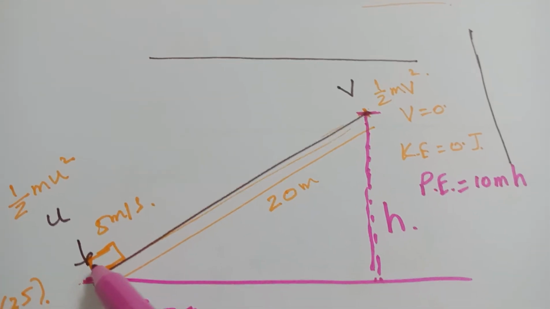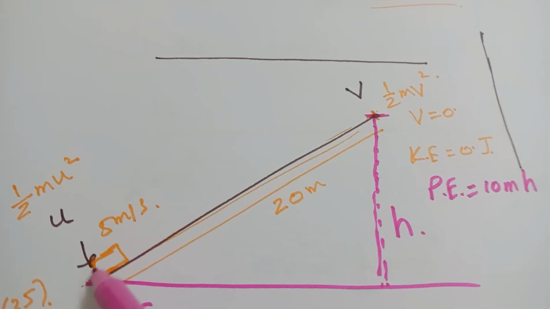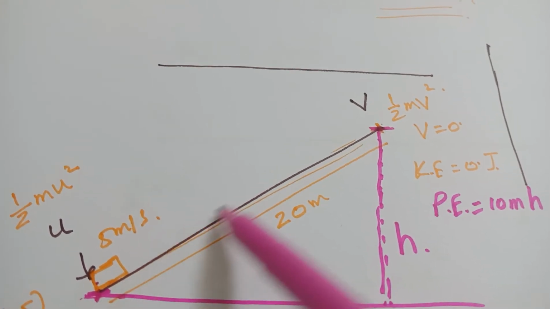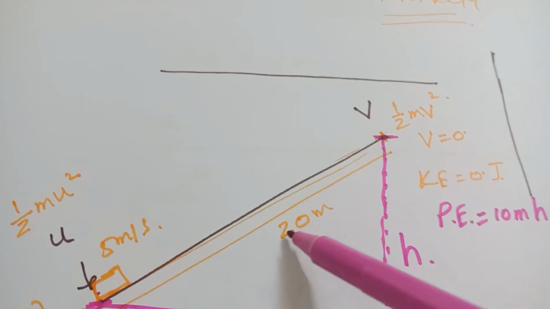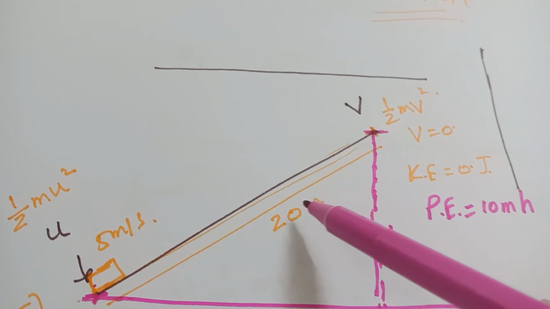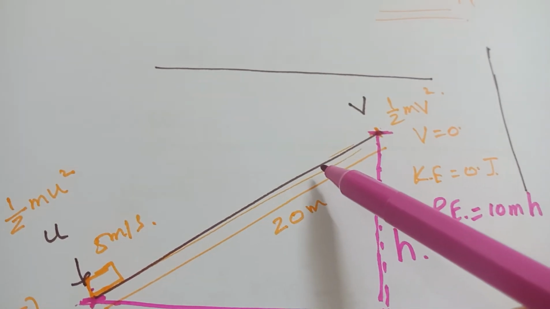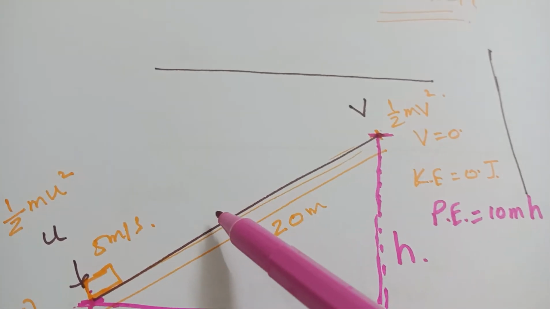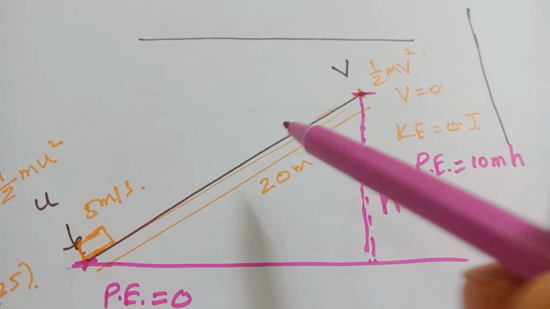We just gave it a push, and after giving a push, we just left this particle, and this particle went up to this distance of 20 meters. So there is no driving force involved, and no backward or resisting force involved over here.